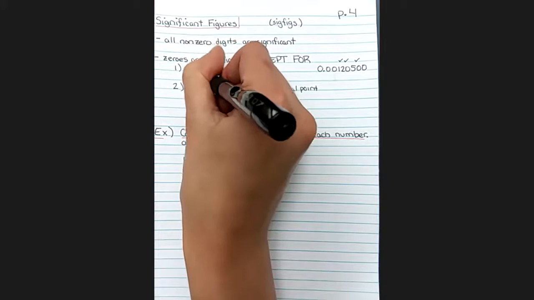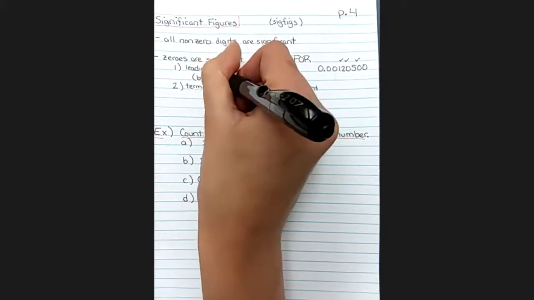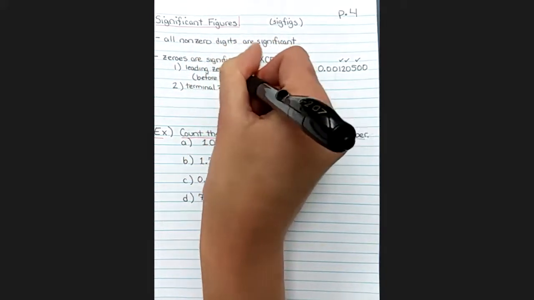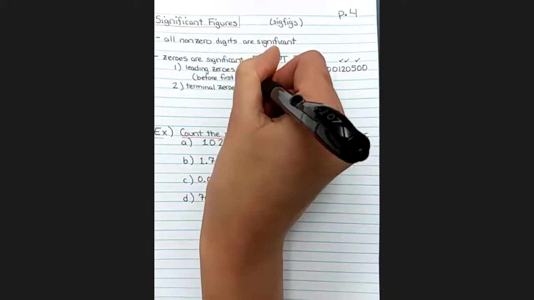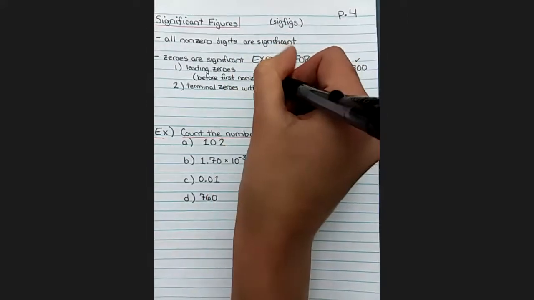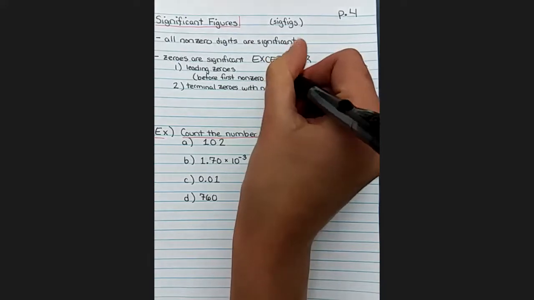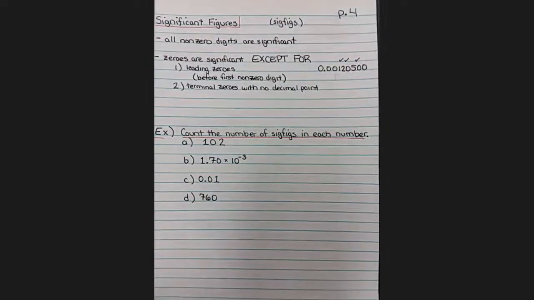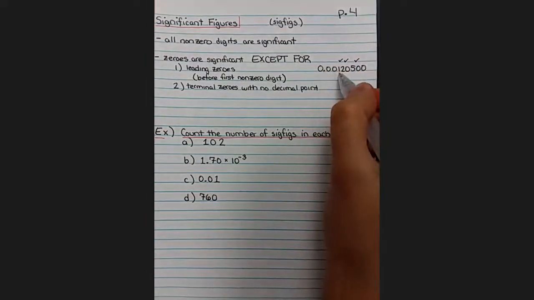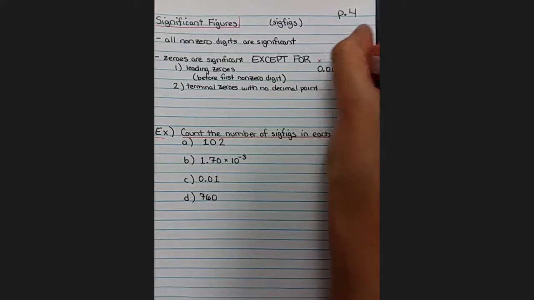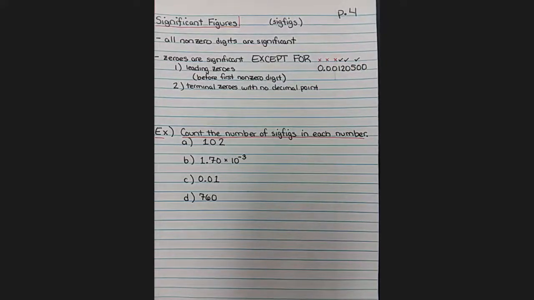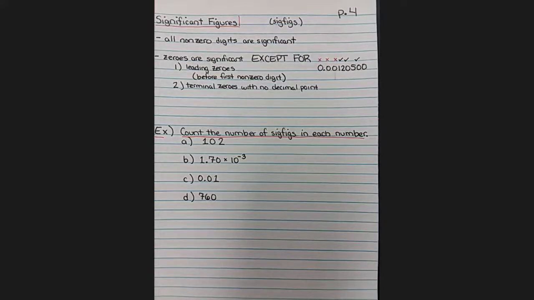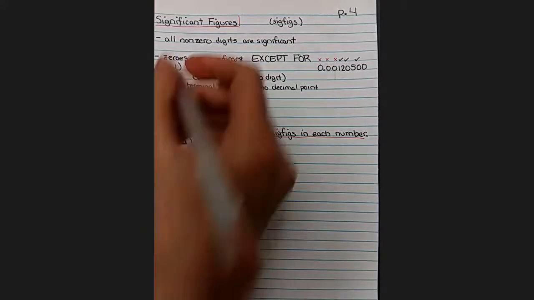Leading zero means that it comes before the first non-zero digit. Okay, so the first non-zero digit in this number is the 1. And so all the numbers that come before the 1 don't count. So this 0 doesn't count, this 0 doesn't count, and neither does that one. Okay, so we've eliminated the leading zeros.